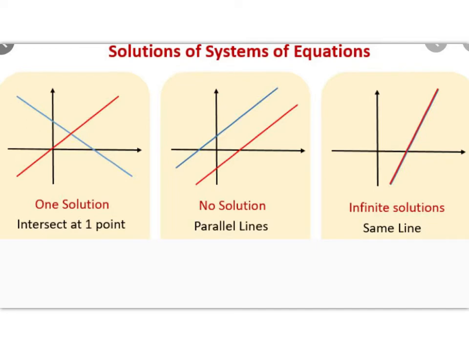So this is the whole point of systems of equations. You have two lines or more, and you're looking for the point of intersection because, as you can see, one line is going up, and at this point it intersects with the other line. Let's say this was your cost of doing business, and this was your overhead.